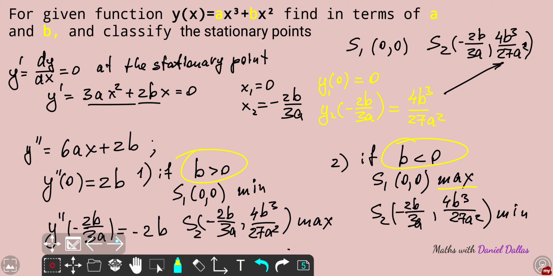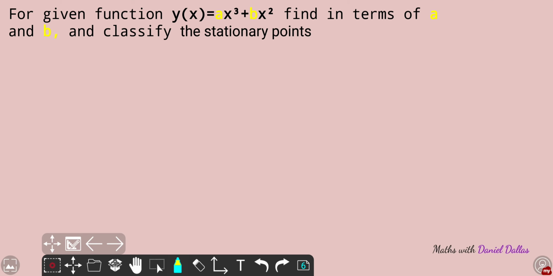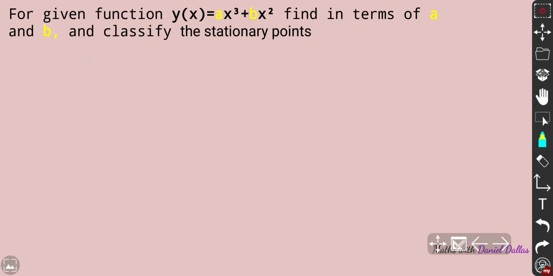But remember, we didn't explore the case when a is equal to 0. So let's see what will happen in that case. Generally, we'll have y of x is simply bx squared. And now this is a parabola, okay?